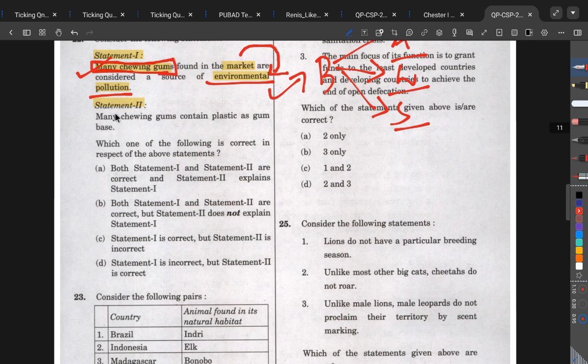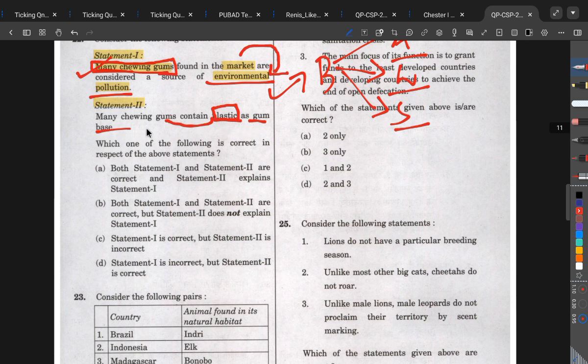And what does statement 2 say? That many chewing gums contain plastic as gum base. Generally we do not swallow chewing gum, because we know it's harmful to our body, and it also has sticky characteristics. From our awareness and observation, we can understand that there can be some kind of plastic in chewing gums.